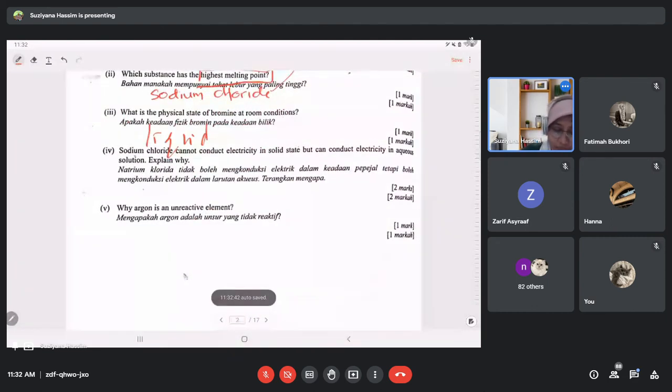Next. Sodium chloride cannot conduct electricity in solid state but can conduct in aqueous solution. Why? Teacher explains both, solid and aqueous.